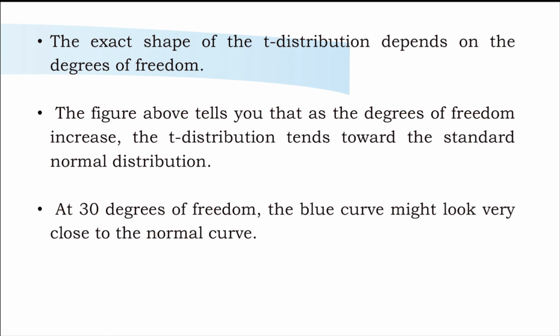The exact shape of the t distribution depends on the degrees of freedom. The figure above tells you that as the degrees of freedom increase, the t distribution tends toward the standard normal distribution. At 30 degrees of freedom, the blue curve looks very close to the normal curve.